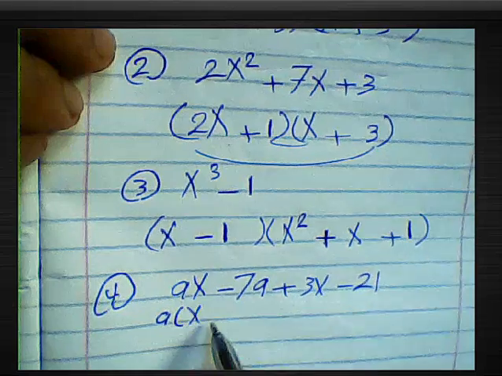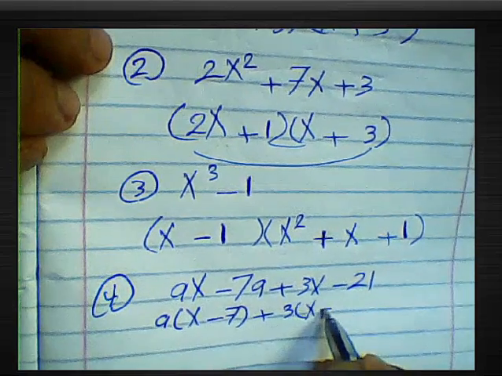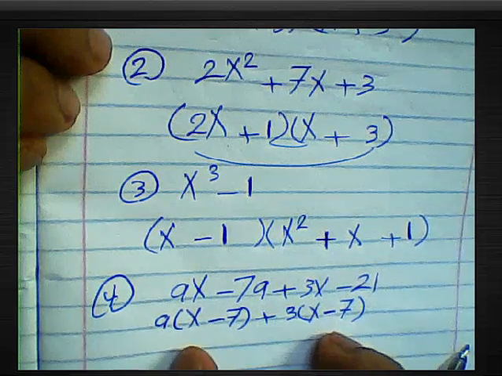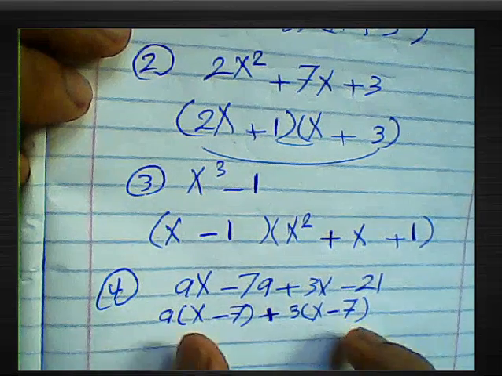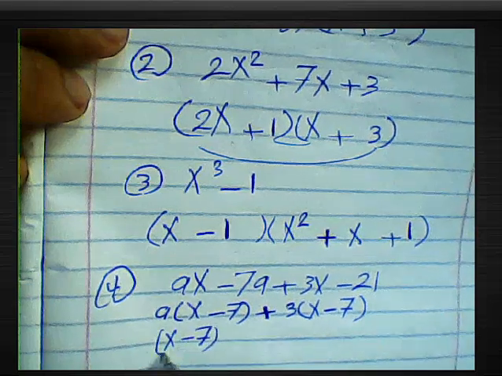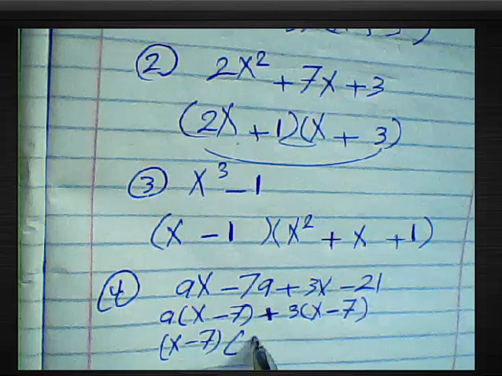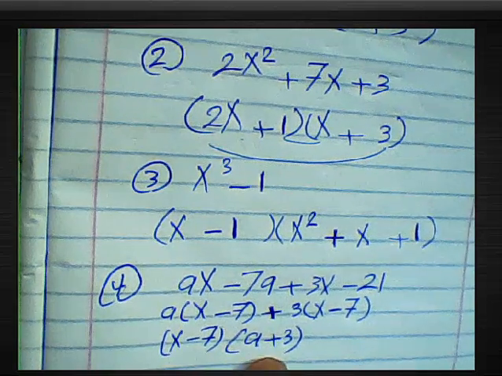The result will be x subtract 7, plus we can write 3 outside here, the result will be x subtract 7. We know x subtract 7 is repeated in the two terms. We can write x subtract 7 outside as the common factor between the two terms, and the result here will be a plus 3. The result will be x subtract 7 multiplied by a plus 3.